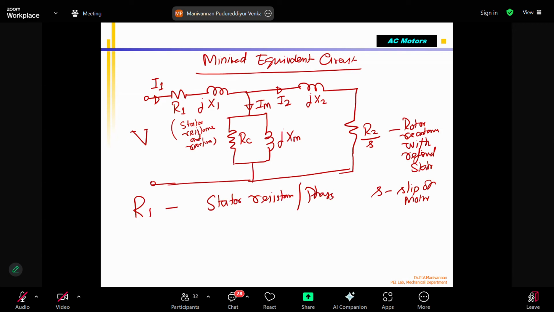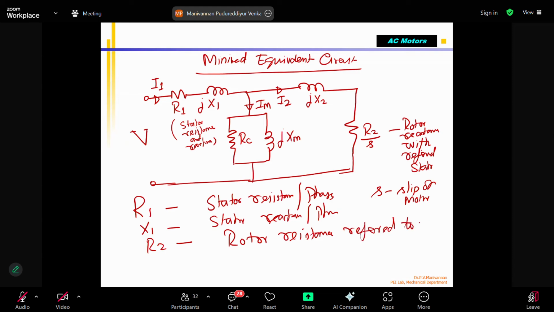R1 is the stator coil resistance of the motor, and X1 is called the stator reactance per phase. Then R2 is the rotor resistance referred to the stator, per phase.